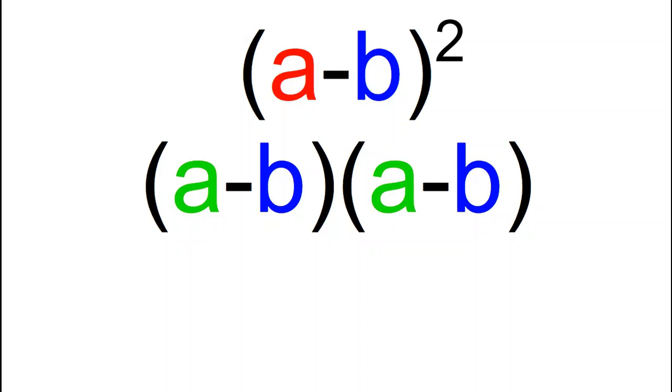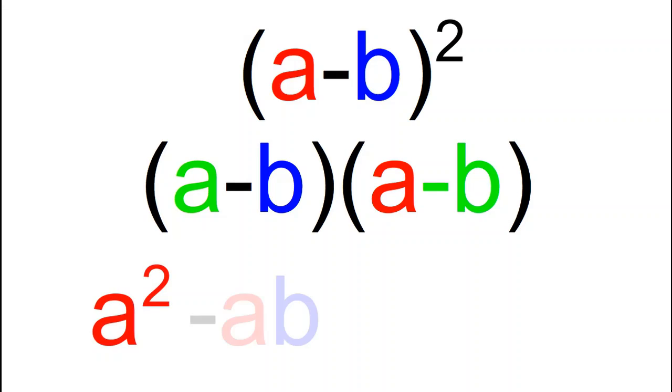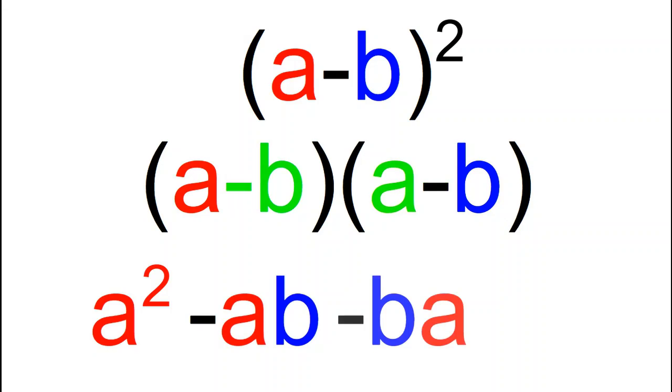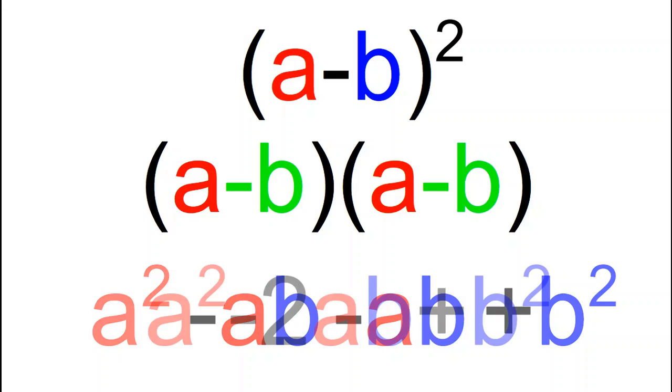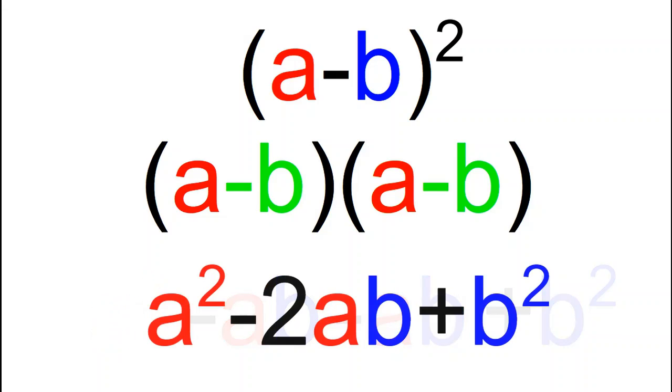In this case, we do a times a like before, a², a times negative b, which is negative ab, negative b times a, which is negative ba, and so we can flip this to make it ab, and then negative b times negative b, which is b². So we can simplify this as a² − 2ab + b², and so (a − b)² is equal to a² − 2ab + b².